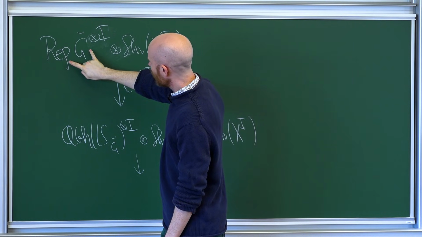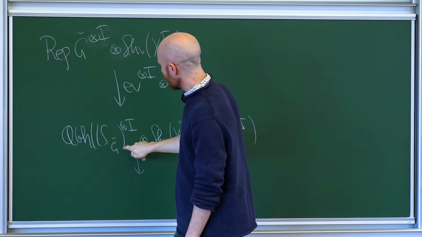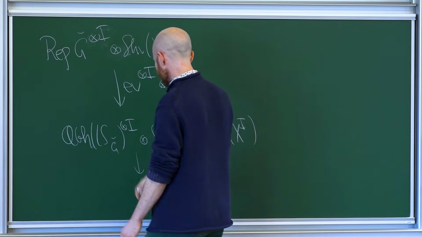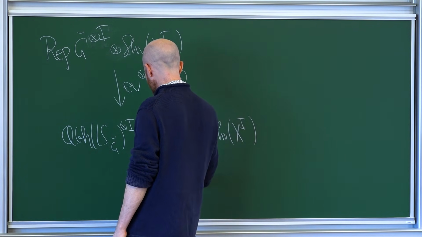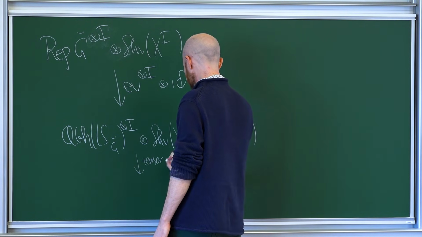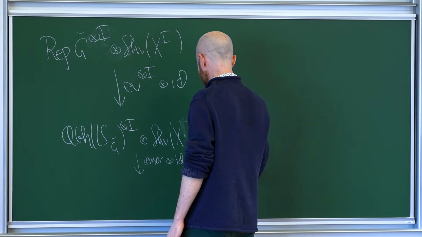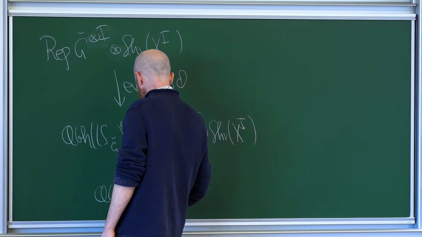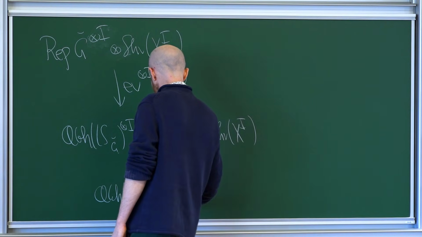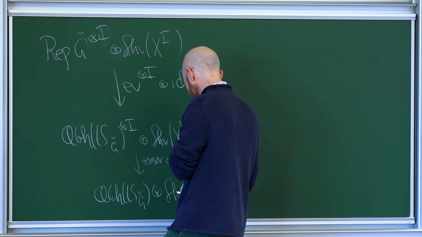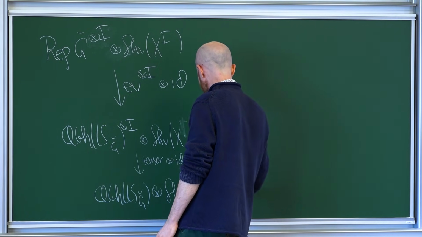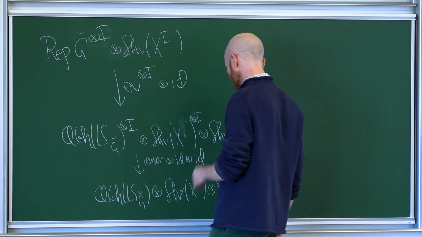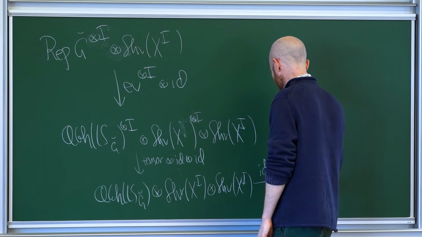And then along this factor, I form the I-tuple of universal evaluation bundles. Now I'll tensor along the first factor to get down to just a single copy of QCoh of LocSys G-check, tensor these sheaves on X to the I. And then I'll do the identity.